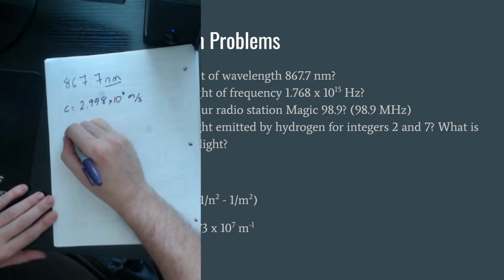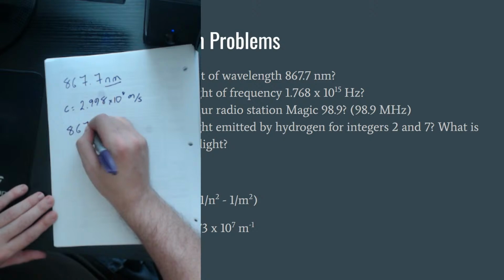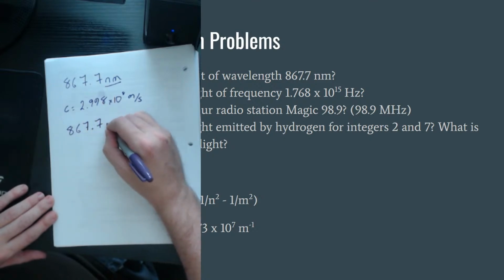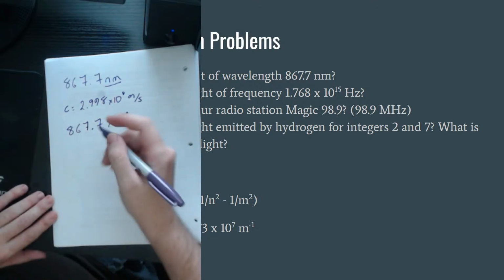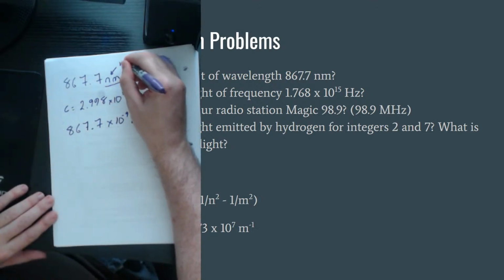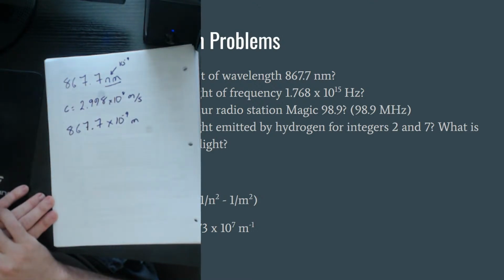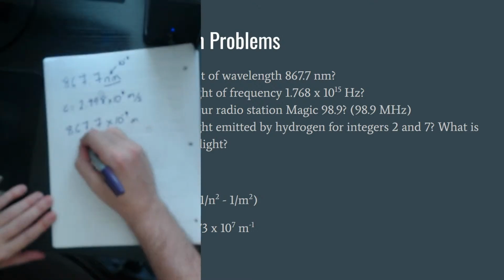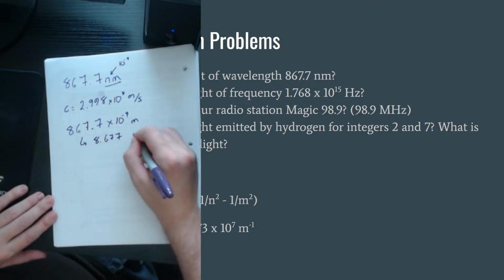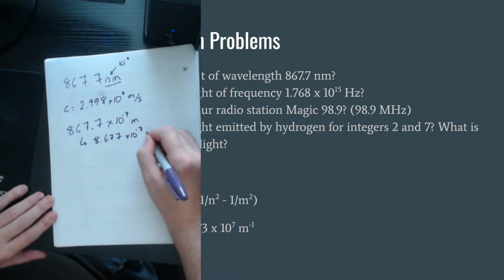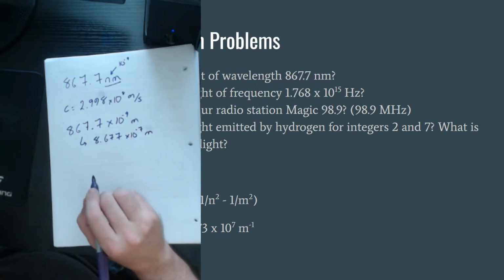A quick way to do that: 867.7 times 10 to the negative 9th meters, because nano means 10 to the negative 9th. Put into scientific notation, that's 8.677 times 10 to the negative 7th meters.